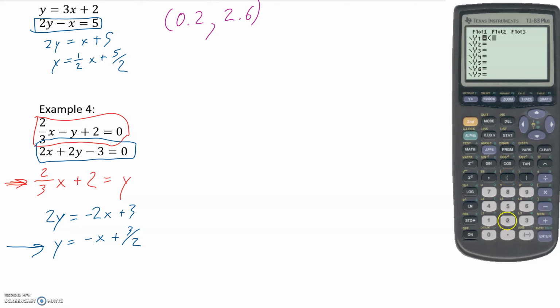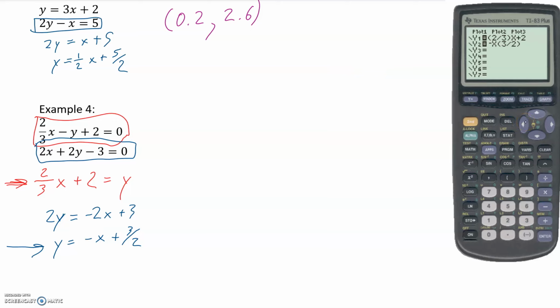So it'll be 2 divided by 3x plus 2, and then it'll be negative x plus 3 divided by 2. Oh, my plus didn't work, so I'm going to add that.